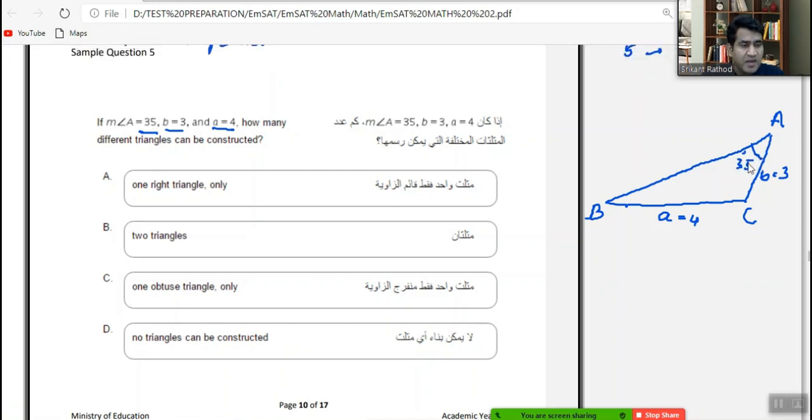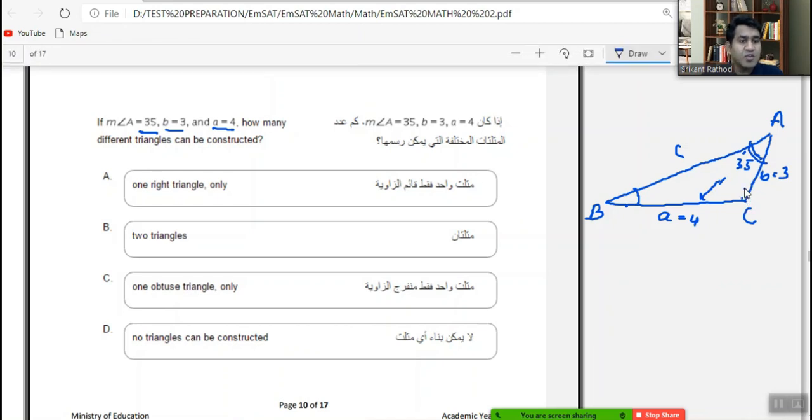We represent the side opposite to an angle by the same letter. If this is side B, then the opposite angle is angle B. Then this is angle C, meaning this is the length of side C. Now because I have to satisfy the condition that angle A should be 35, you might ask why I am not just drawing a straight line.